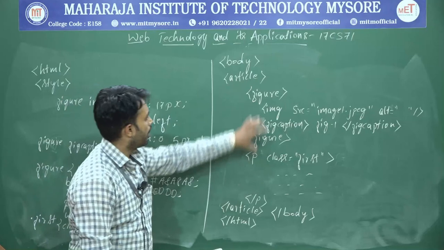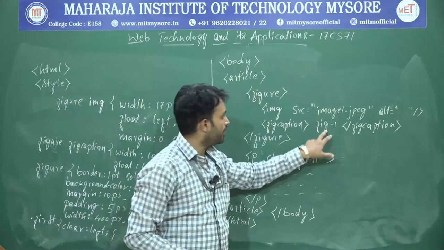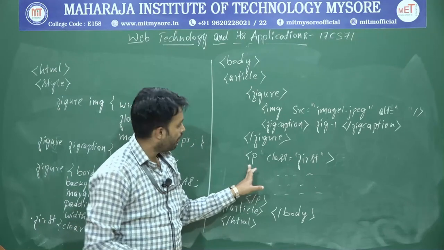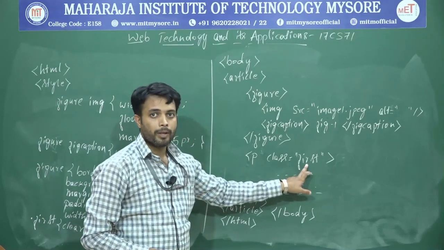In this article we have one figure with image and caption, and again followed by a paragraph tag, and the class of that paragraph is first.